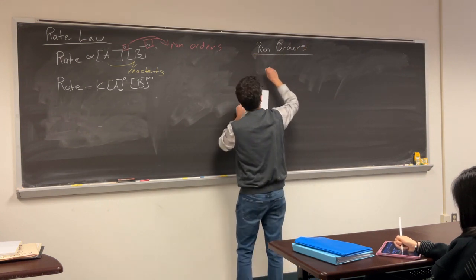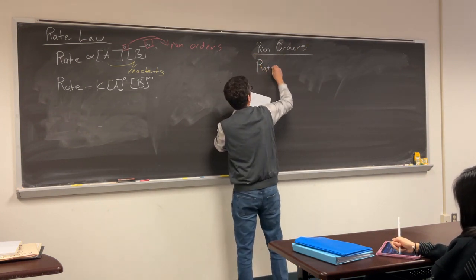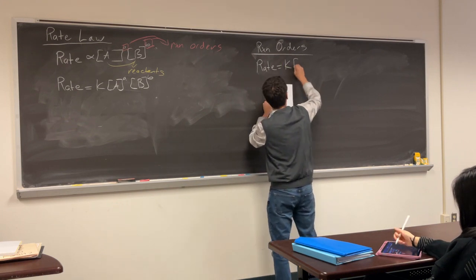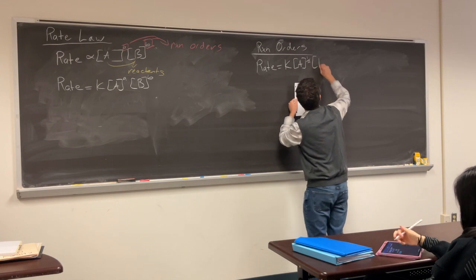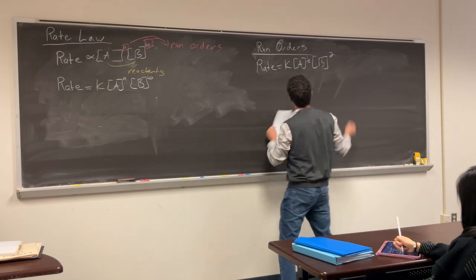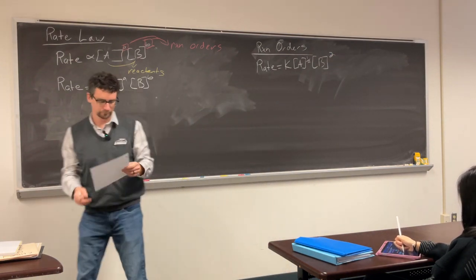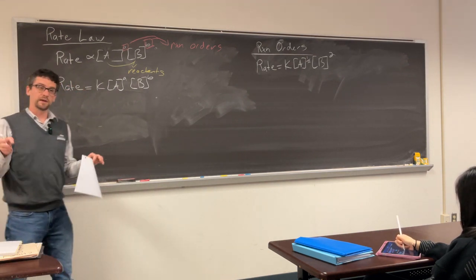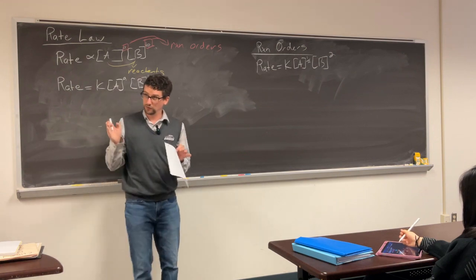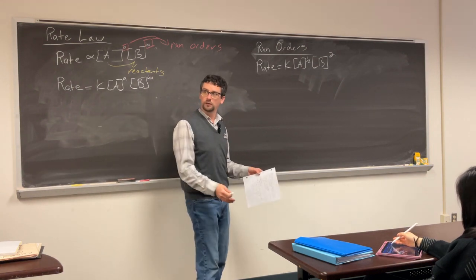Okay, so let's say we have the following generic rate law. Like that. We can consider the orders of each individual species or the overall order.